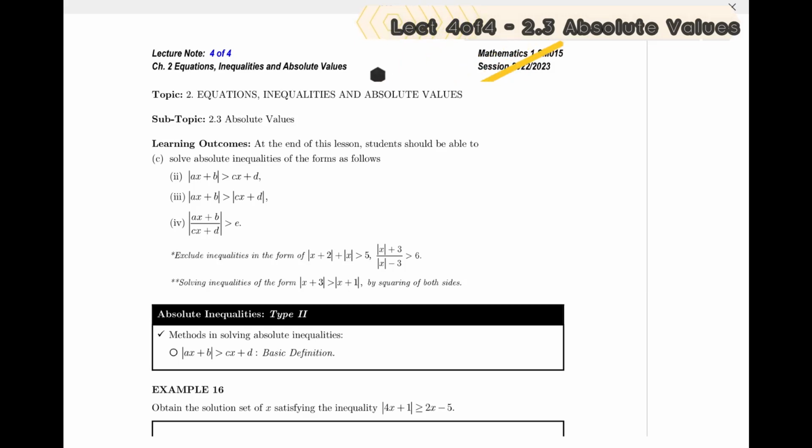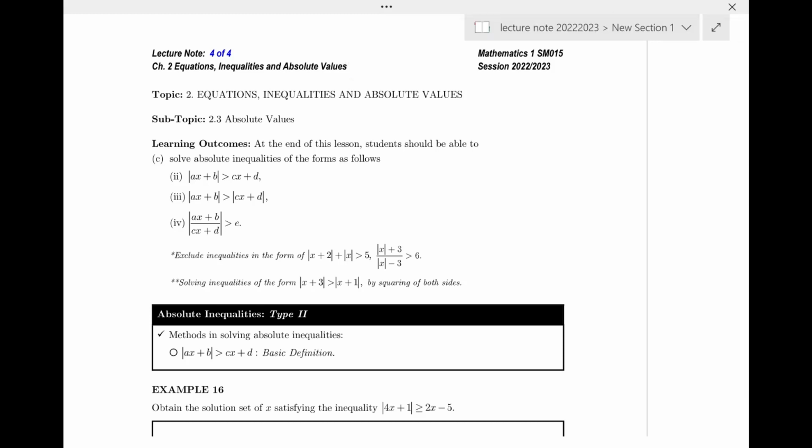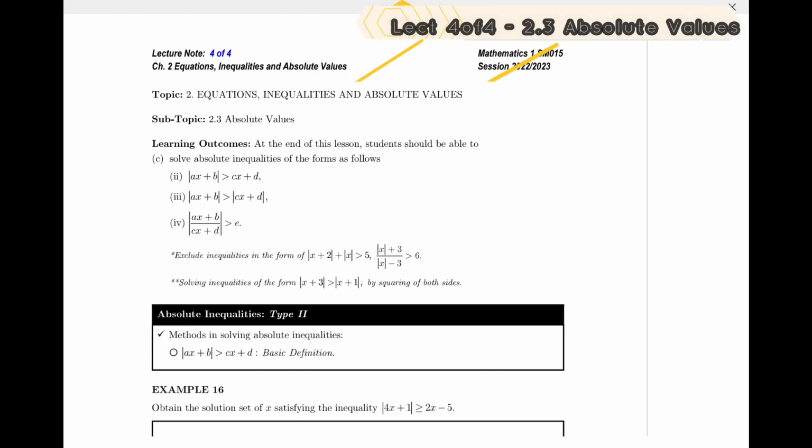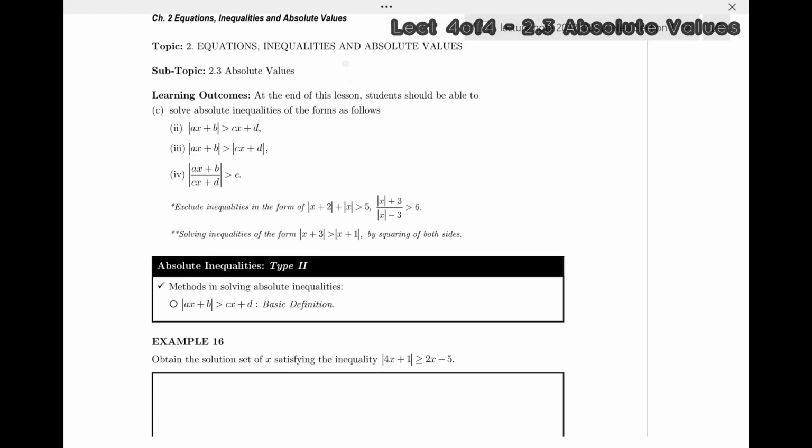Okay, so this is the last part of chapter 2, part 4 of 4, and we are still in the last subtopic, which is 2.3 absolute values. Earlier we had type 1 absolute inequality, so now we are going to go through type 2. In type 1, we have only a constant on the right side of our inequalities.